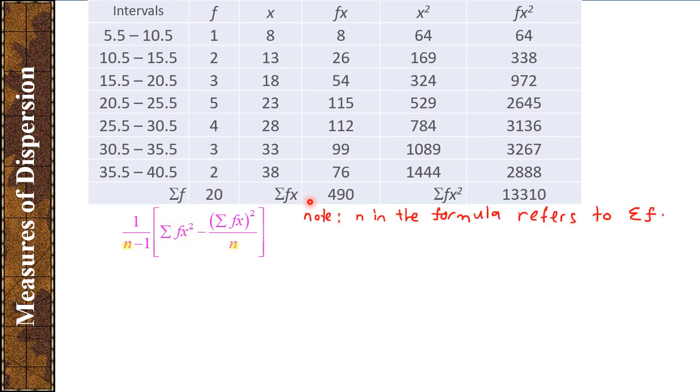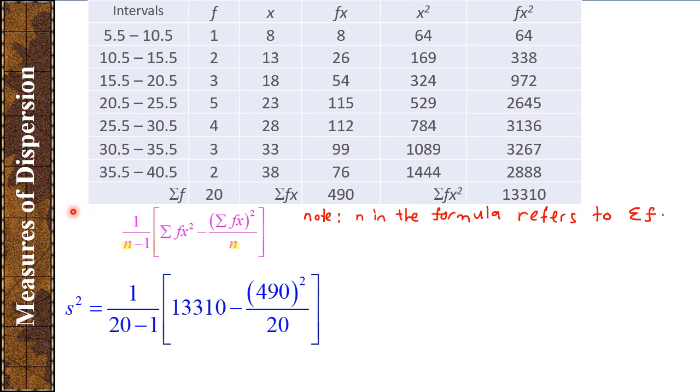Just to remind you, in the formula here we have n. This n actually refers to the total frequency, which is 20. Now we substitute all these values into our formula. Remember n is the total frequency, that is 20.